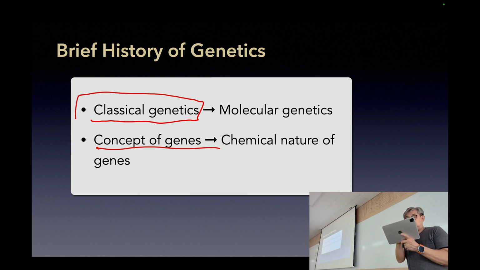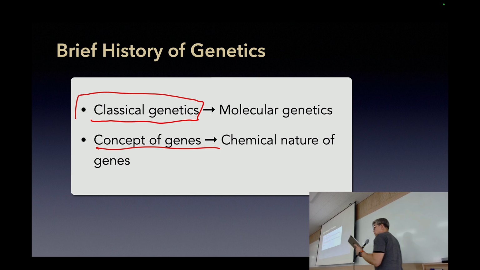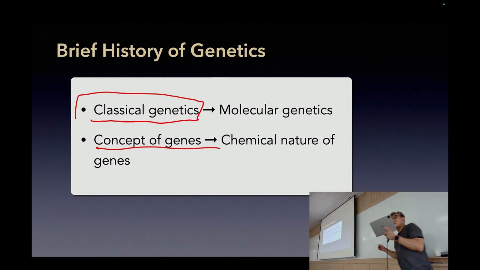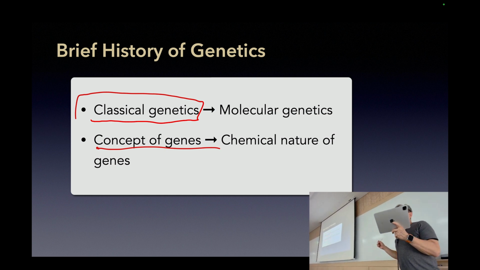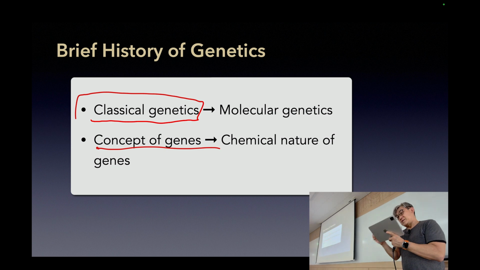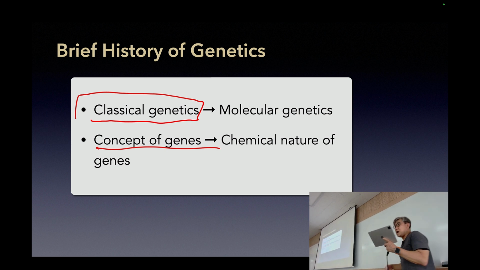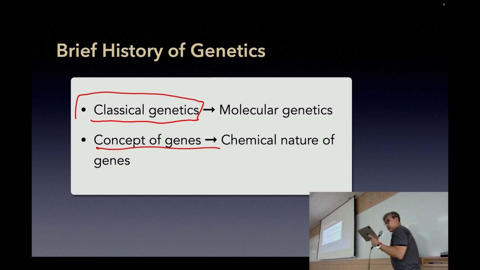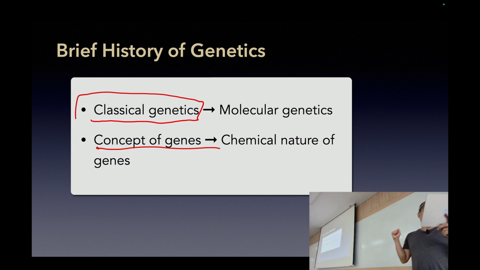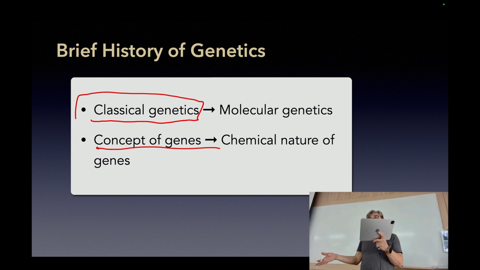Then, when we made a transition into molecular genetics, people tried to find out the molecular or chemical nature of these genes and how they behave at the level of molecules. That's what we are going to look at in this chapter.